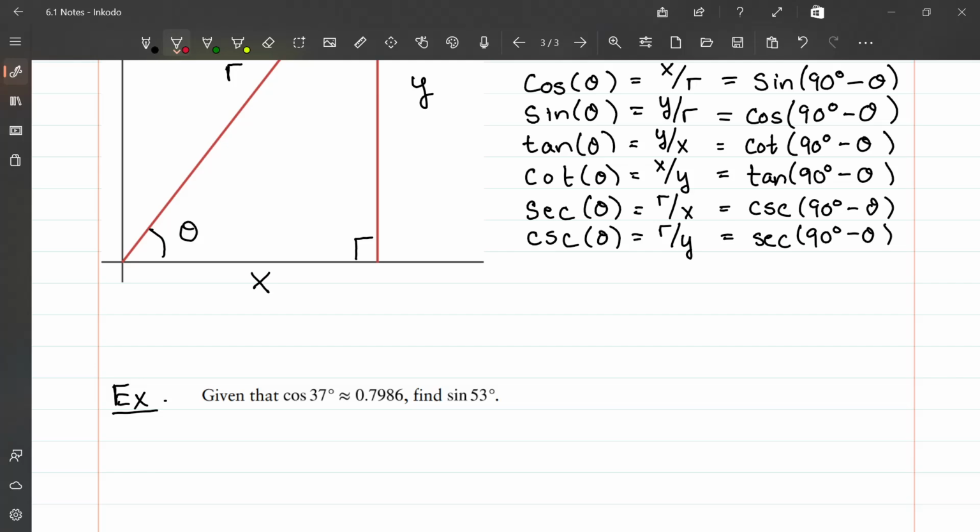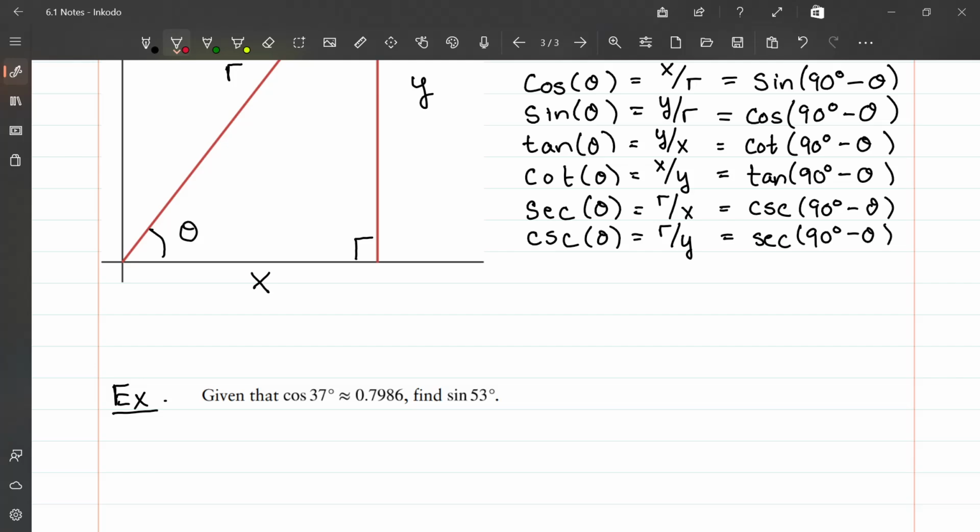Okay, example. Given that cosine of 37 degrees is approximately 0.7986, find sine of 53 degrees. If we hadn't put all these identities up here, you might think to yourself that this is actually a very challenging problem, but it's not, because all we need to do is check and see if these guys, 37 degrees and 53 degrees, are related by being opposite corners or other corners of a right triangle.